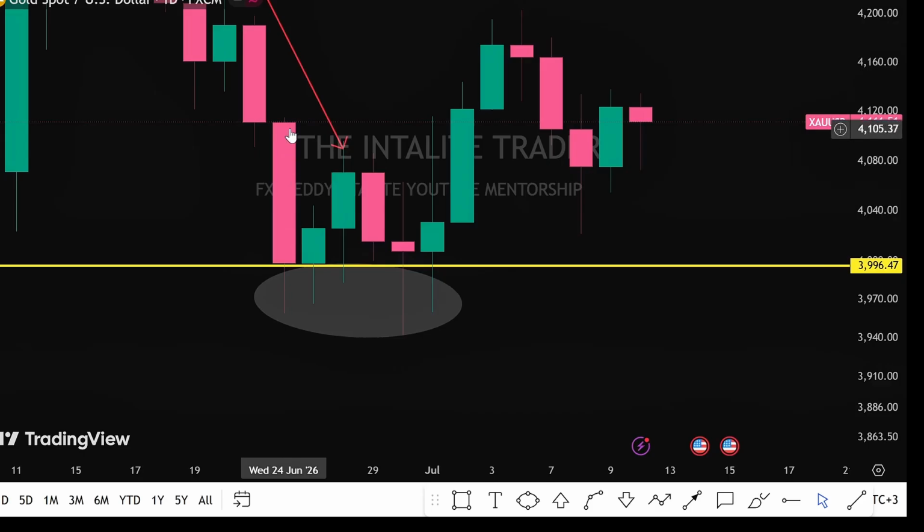We had rejection 1, rejection 2, rejection 3, rejection 4, rejection 5. So price tried 5 times in total to push price below this. These are 5 days worth of trading.